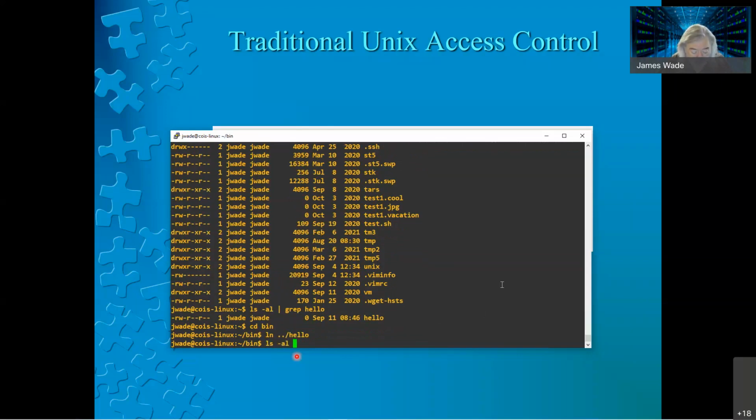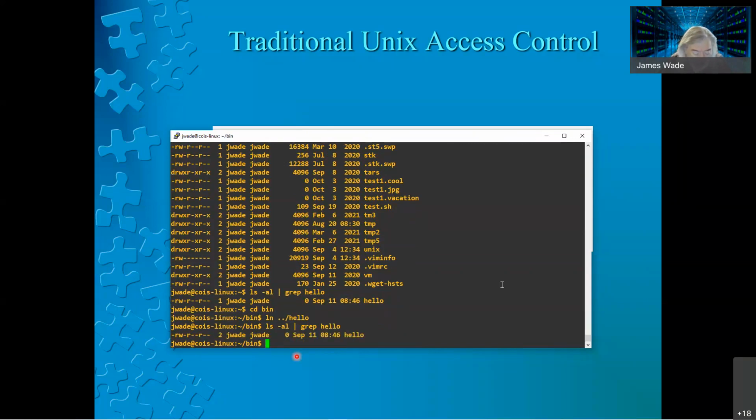Now watch. I'm in my own bin directory. This is my bin directory. I created my own bin directory, because sometimes we'll do bin. There won't be binaries, but we can put scripts in there for our own scripts. Notice, see how hello says 2 now? That's because the operating system is linking.